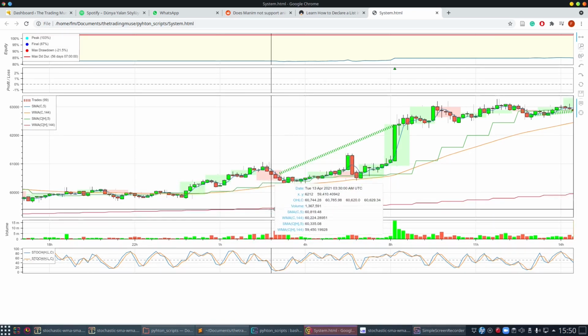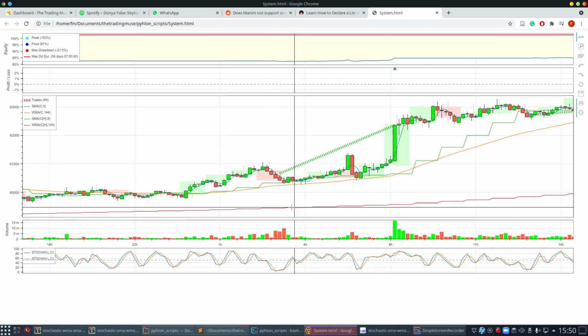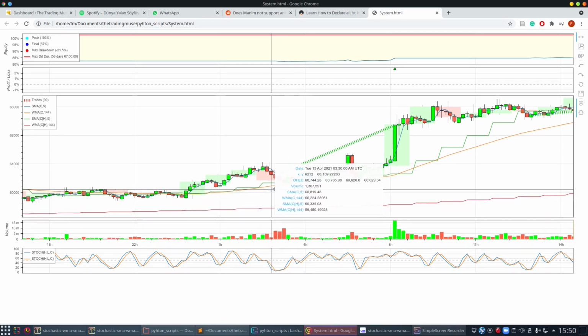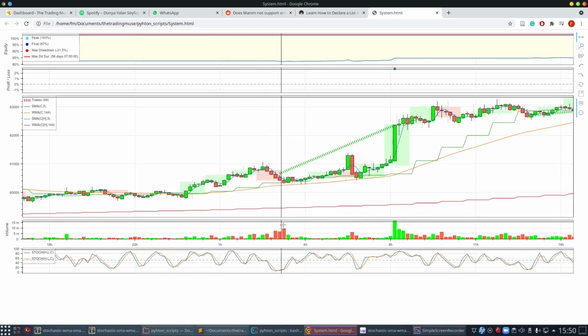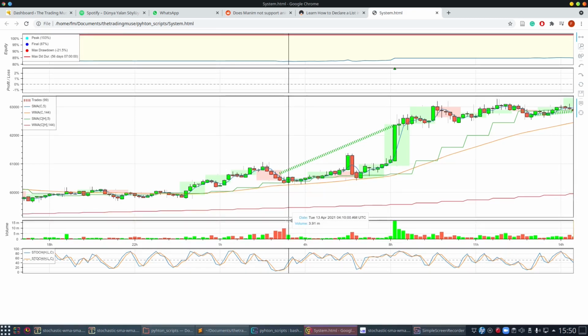And the second requirement was our 144 5-minute period weighted average, the orange line, was above the blue line, which was SMA5 for 5-minute periods.